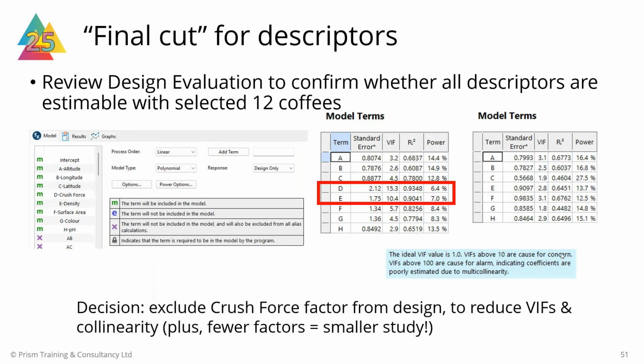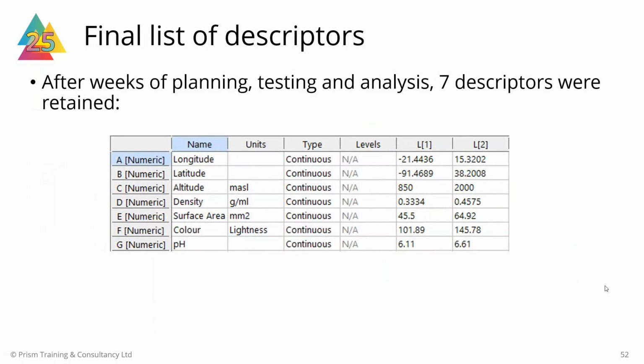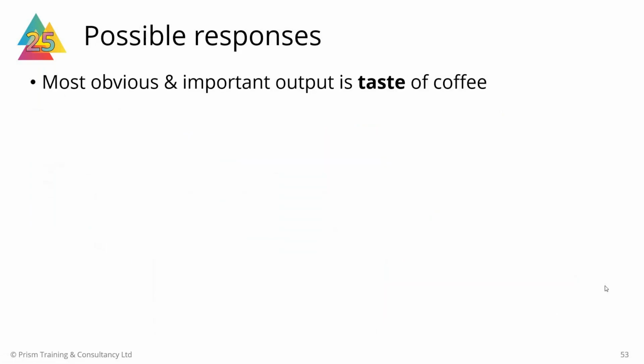It reduces the number of factors slightly, and it gives me a better chance of understanding the effects of the remaining 7 descriptors. So I sacrificed crush force in order to be able to estimate the other 7 descriptors as well as possible. So here they are. Here are my descriptors.